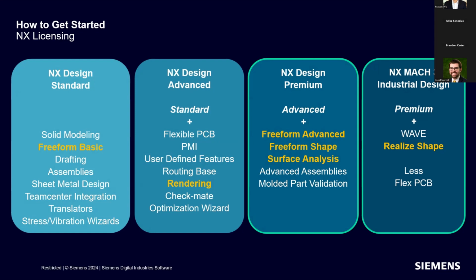And then if you liked the realized shape or you wanted to do that, we do still have one package that actually includes, and again, these all build upon each other, it will build upon the premium and then add the realized shape. So these are our traditional licenses that we've had. One of those two would be the best for you if you were looking to do that.